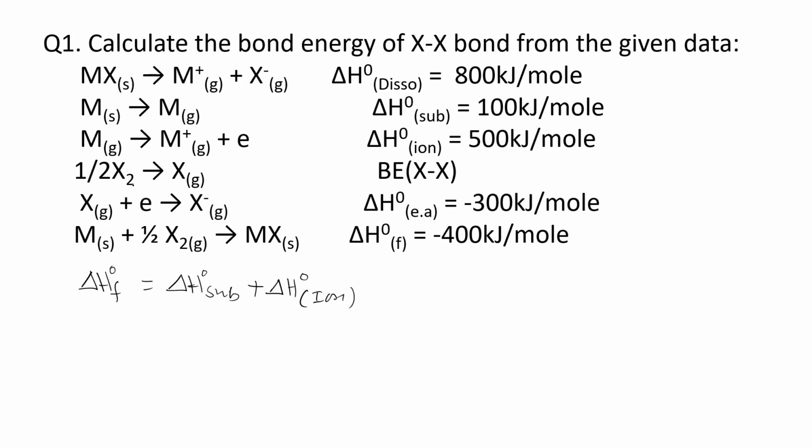Then after that the dissociation of the halogen, that means plus half bond energy of this XX bond. After that what? Your electron affinity, so formation of anion, therefore plus delta H naught electron affinity.